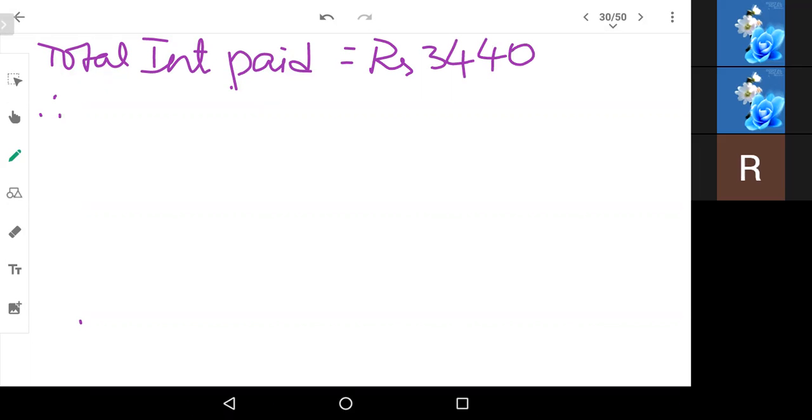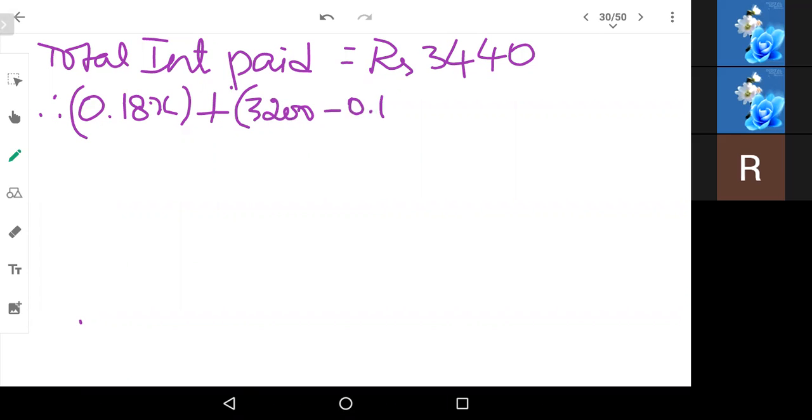Therefore, interest from first bank 0.18x plus interest from second bank 3200 minus 0.16x is equal to rupees 3440. So if we add both the interest, we are going to get 3440 as the interest amount.